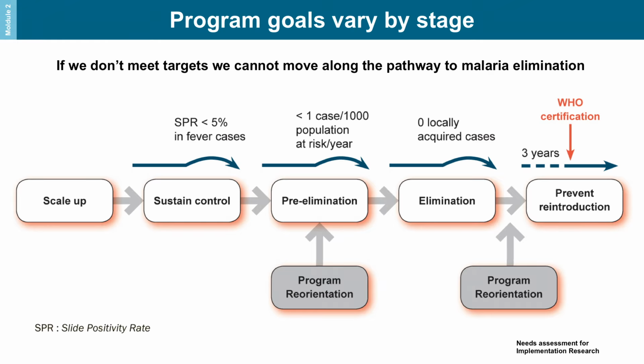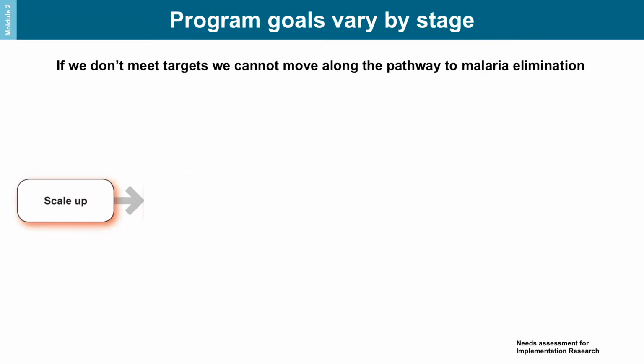One way of understanding programs and achievements is the idea of program stages. Many of our programs to control infectious diseases of poverty have stages. We start off where the program is just being implemented and we need to scale up.